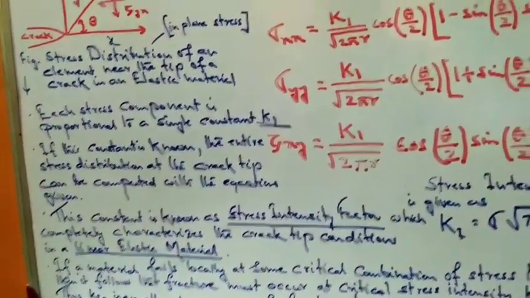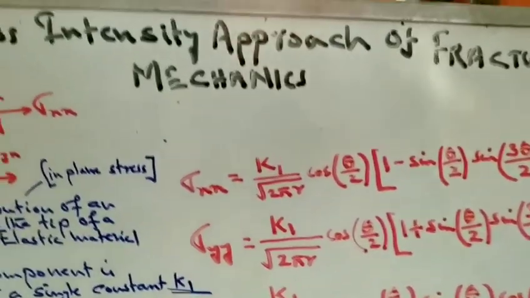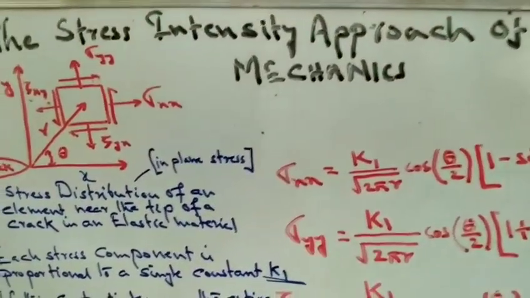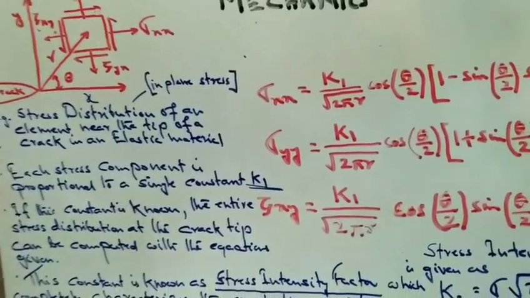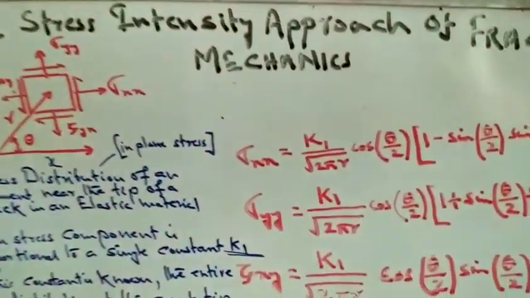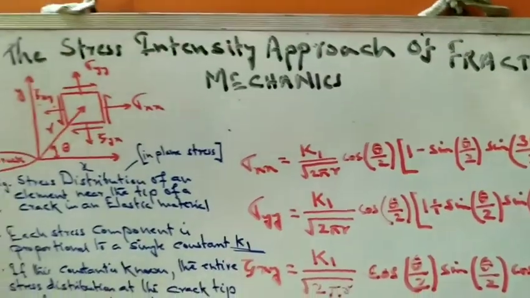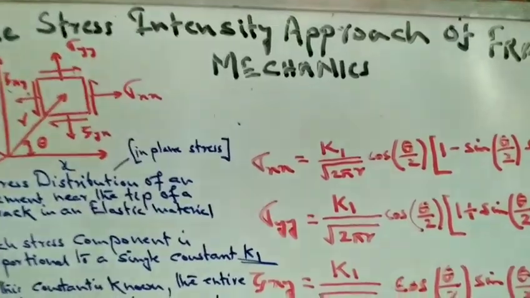Because if we know the value of K, we could calculate sigma xx, sigma yy and sigma xy. So all the stresses are known to us. The only unknowns are theta, which is where we are calculating the stress from, and r, the distance at which we are calculating the stress.